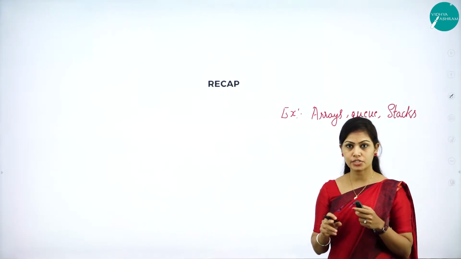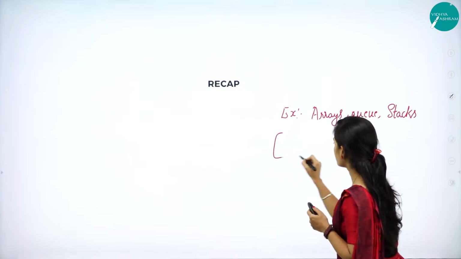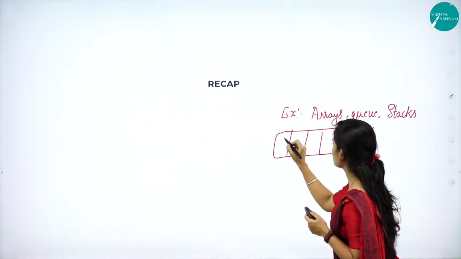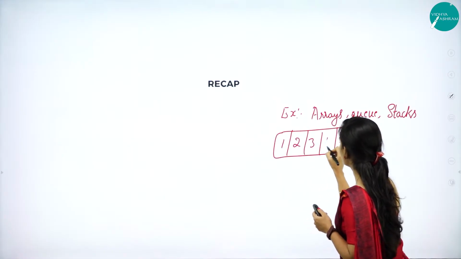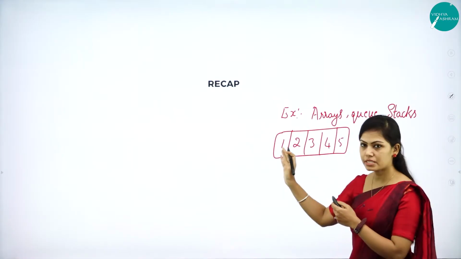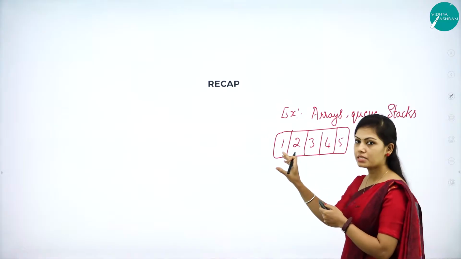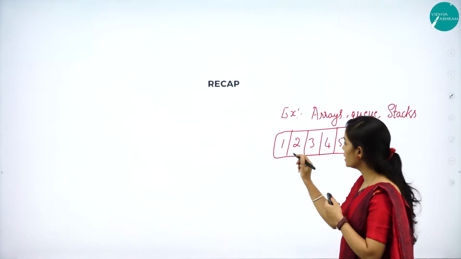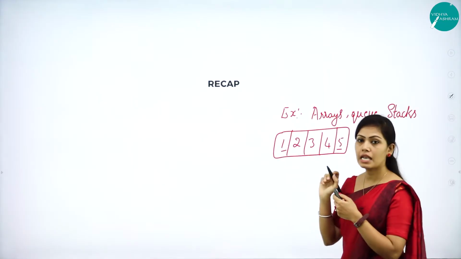In linear data structure, each element consists of one predecessor and one successor. These are the elements I have taken. Each element has one predecessor and one successor, except the first and last elements.